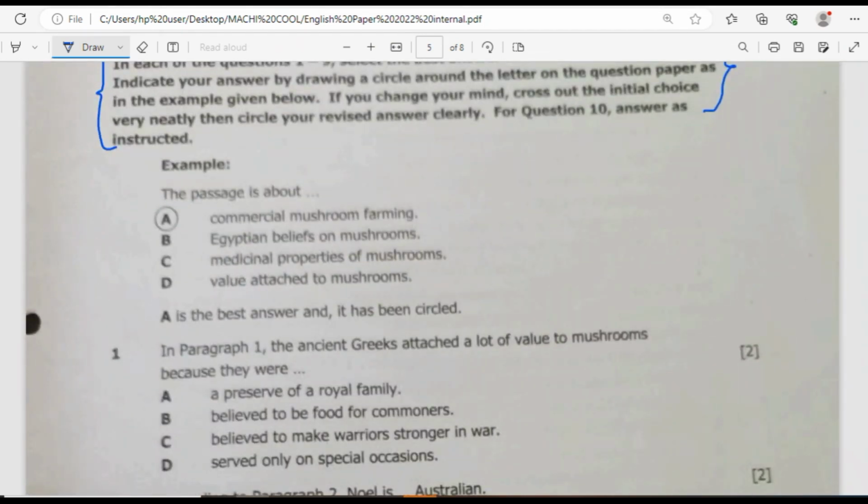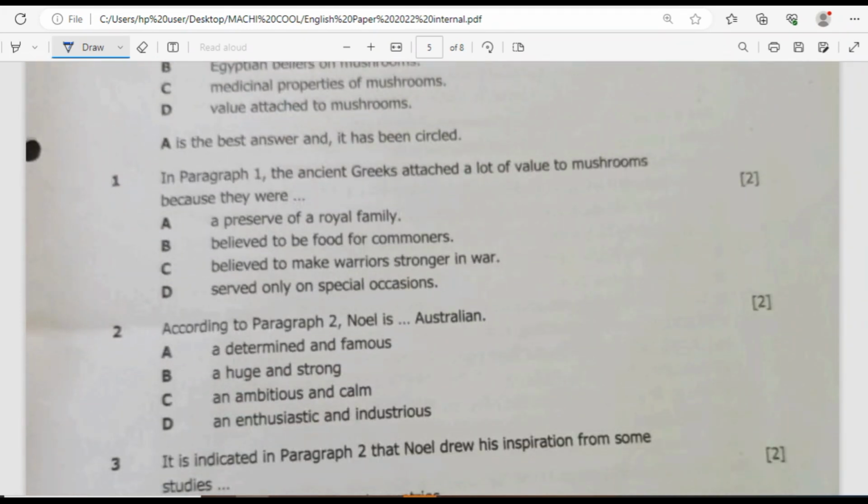Like in this example that we've been given here, to say the passage is about, on the answers we have commercial mushroom farming. So this was the answer. Now let us move to the questions that we are supposed to answer.